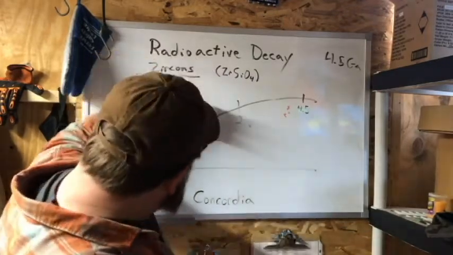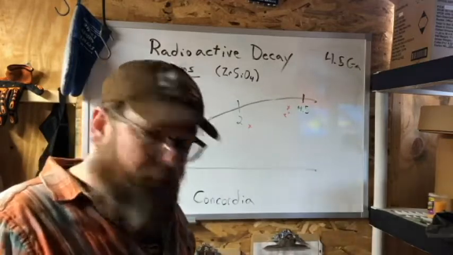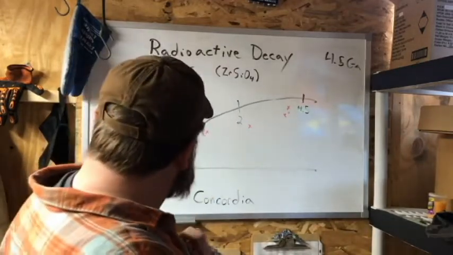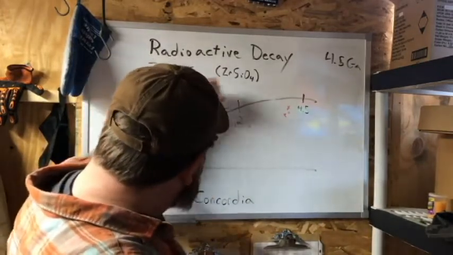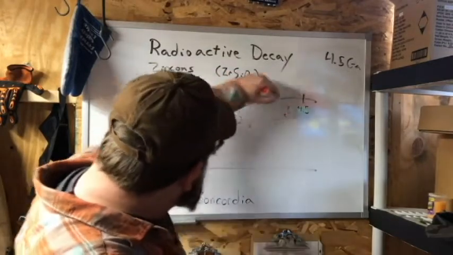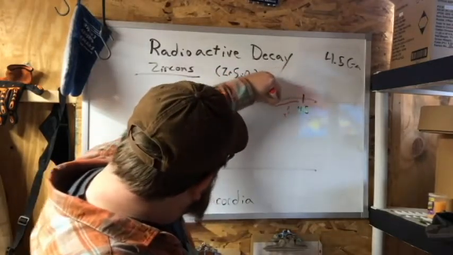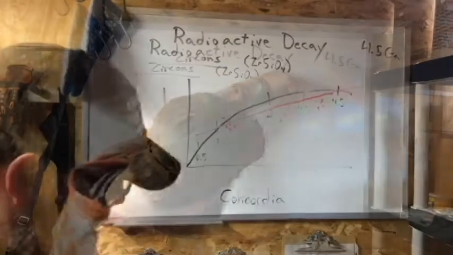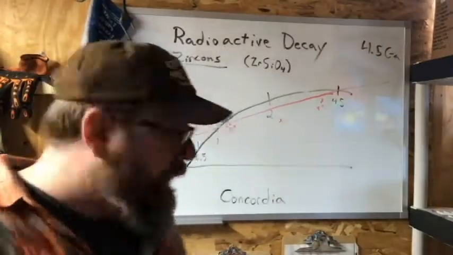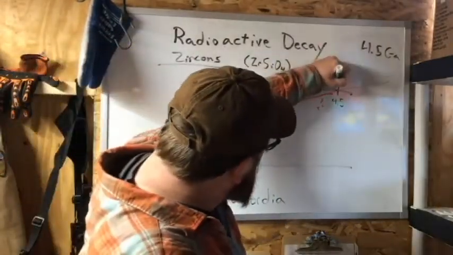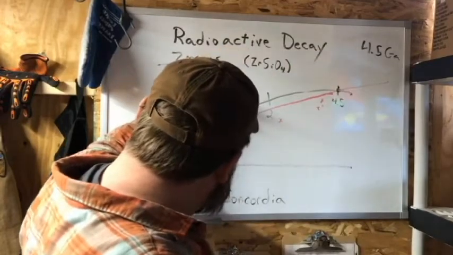This is very sloppy and I apologize. Or you might even get some up here. But what that will do is create a line with two intercepts. You're going to have two intercepts based on this.